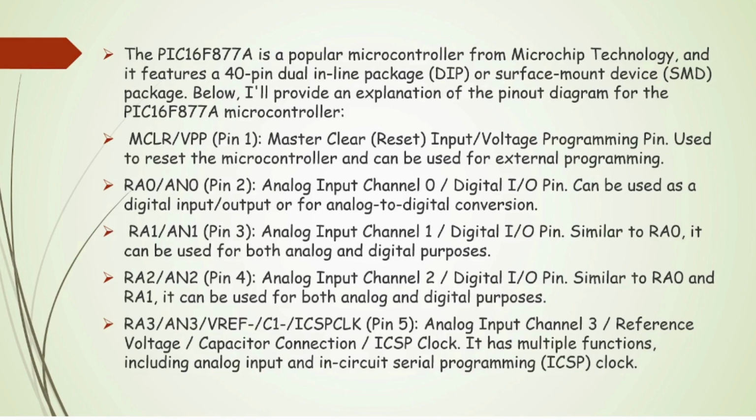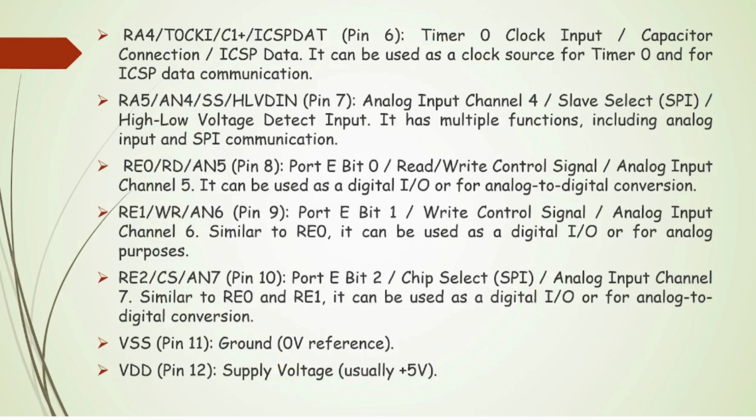Pin 5 is analog channel 3 with reference voltage capacity. It has multiple functions including analog input output, as do other pins. Pin 6 is the timer clock zero input, with serial data communication, and pin 7 is analog input channel 4 and slave select.